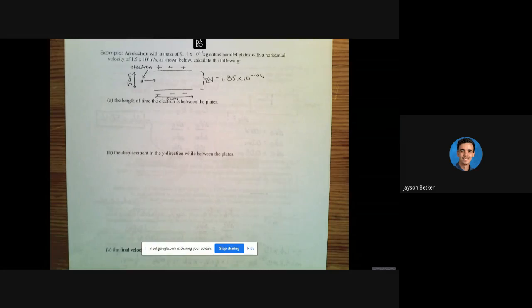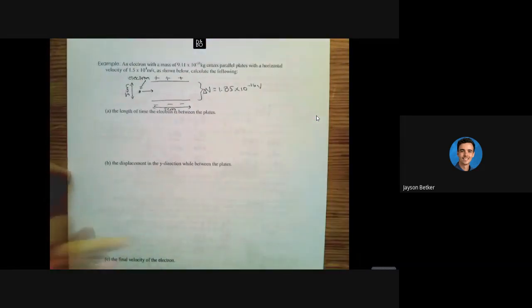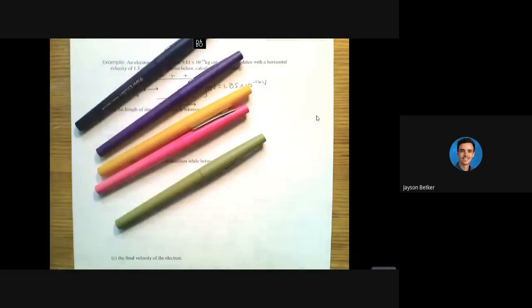It's combining a lot of ideas here: some kinematics, some dynamics in the sense that we've got things working in X and Y directions, and then we're combining it with our new electric field and potential difference principles. It does actually end up being, for the most part, just a kinematics problem, but there is definitely some new stuff that we've learned as well that we're going to be using.